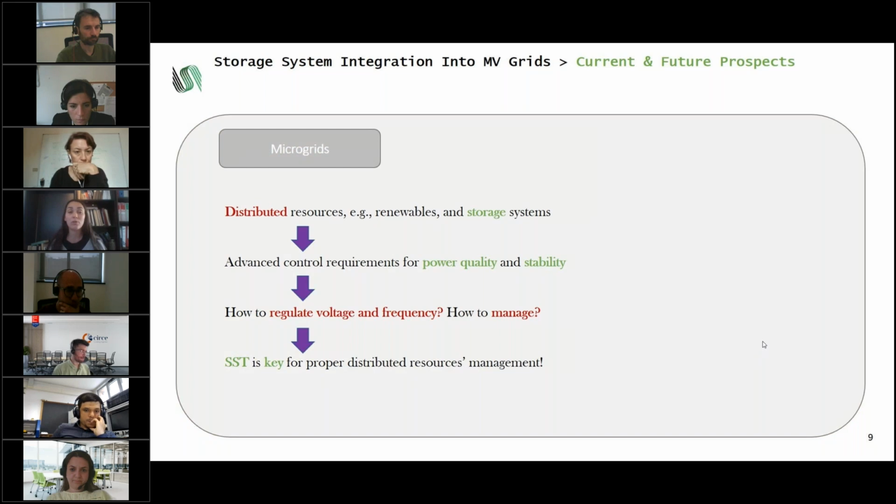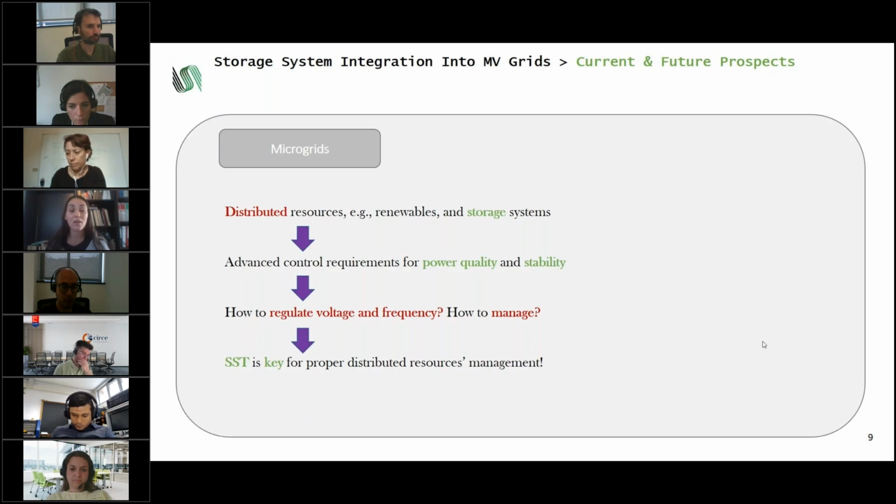Now, apart from energy communities, we also have microgrids. So we have distributed resources in the modern power system, like renewables and storage systems. Of course, these have advanced control requirements for power quality and stability. And here the question is how to regulate voltage and frequency and how to manage all of these resources.